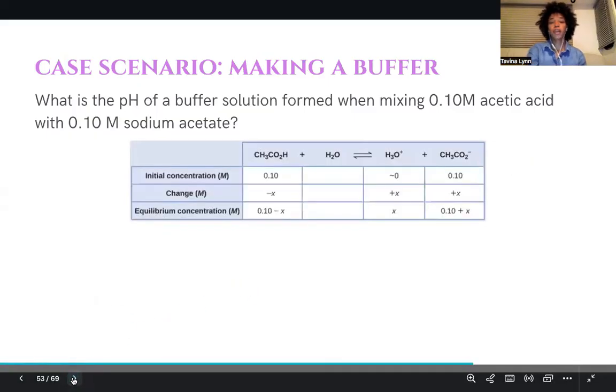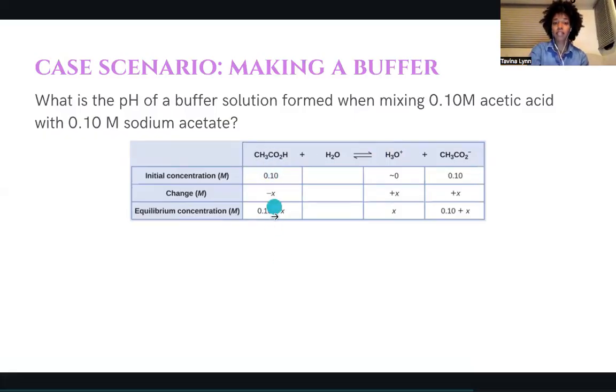So we're going to set up an ICE table where we know the initial concentration of acetate as well as acetic acid. And if you calculate Q, you'll find that it's less than K, which is why we basically have the acetic acid being consumed, denoted by this minus X, and plus X on our product side.